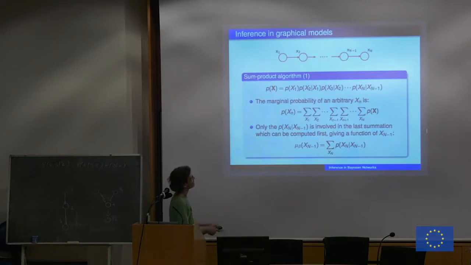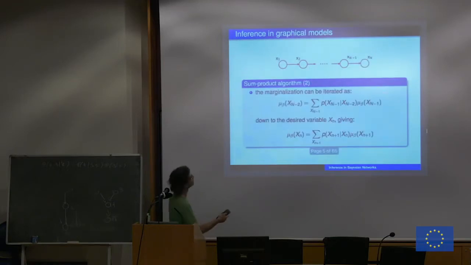And I remove this from the joint probability, replacing it with this value. And now I'm left with all the other summations, and a function which depends on all the variables up to xn minus 1, but not on capital N. And then I can repeat this operation over xn minus 1.